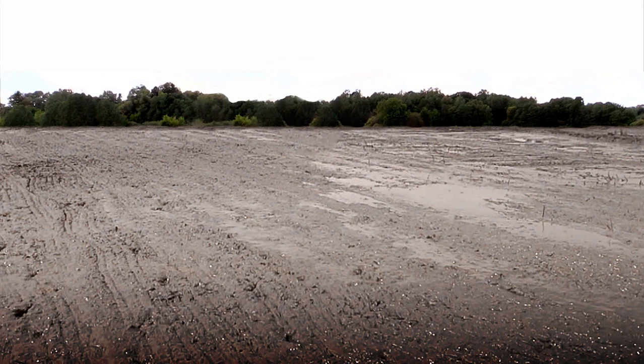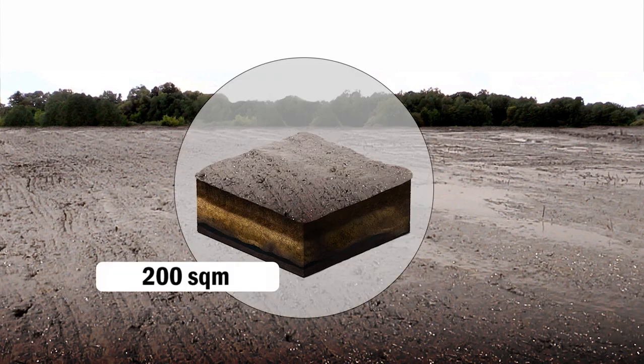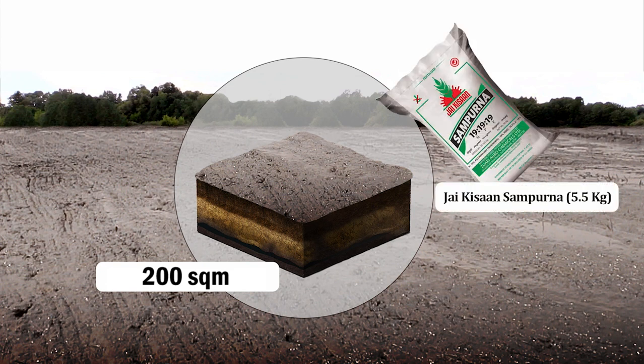We need an area of 200 square meter for the nursery to produce seedlings which will be adequate for transplanting in 1 acre of the main field. We apply 5.5 kg of Jai Kisan Sampurna in the soil before putting the seeds.